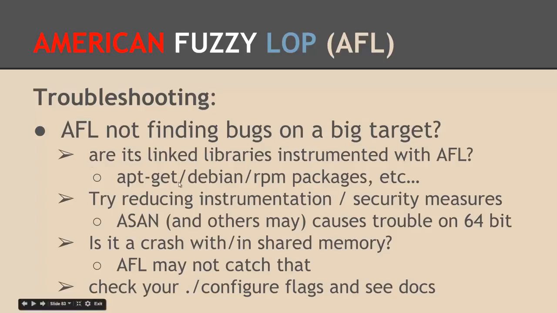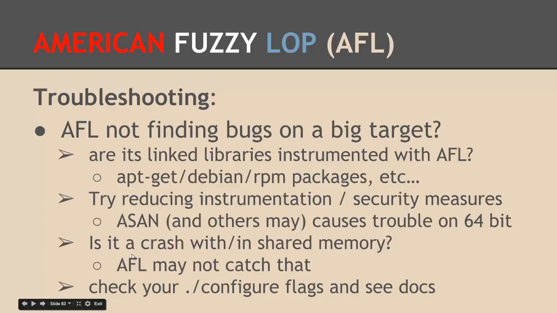You can apt-get the source and rebuild them to have other parameters like ASAN on, as well as you'll need to rebuild them with AFL's compilers. Secondly, try reducing other instrumentation and security measures. ASAN, or Address Sanitizer, may cause problems on 64-bit systems, and other instrumentation flags may as well. And this is outlined in AFL's documentation.